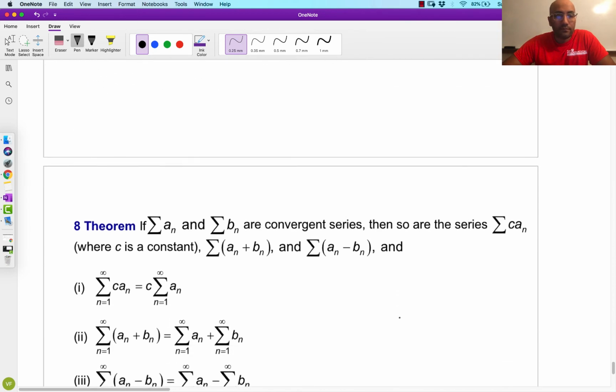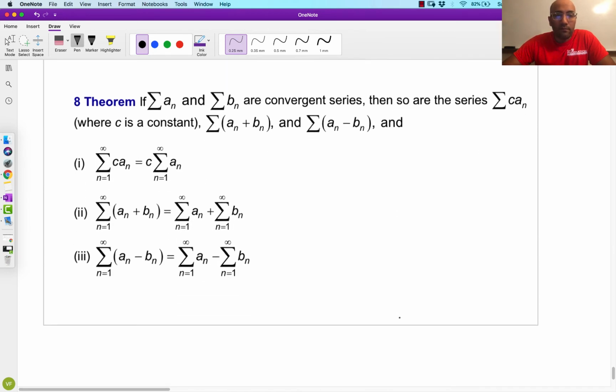Okay. All right. Final thoughts here for this section, and then we'll look at some homework problems. Theorem: if the series a sub n and the series b sub n are convergent series, then so are the series c times a sub n, where c is some constant, and the series a sub n plus b sub n, and the series a sub n minus b sub n, and the following are true.